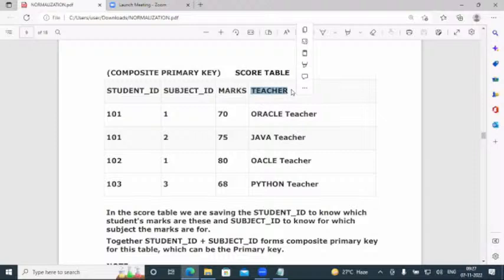Then only second normalization is satisfied. Now we can see what I'm going to do. So teacher is a partial dependency column. In this table, for easy understanding, I'm taking one column. But in real time, suppose your table has 100 columns.